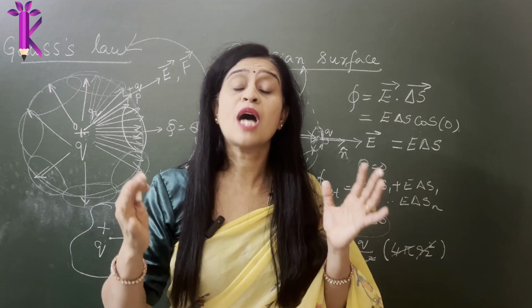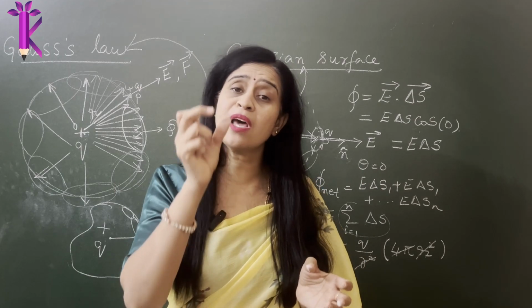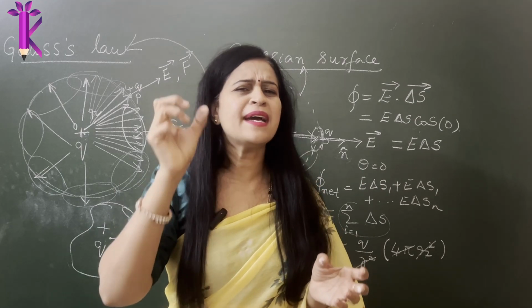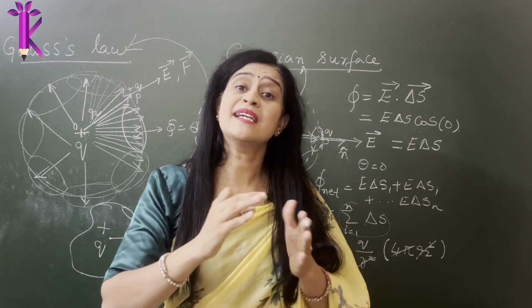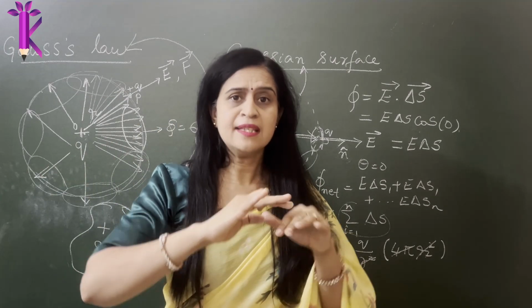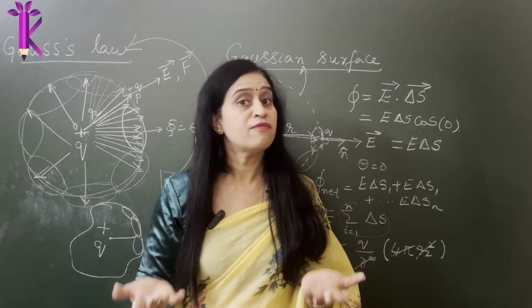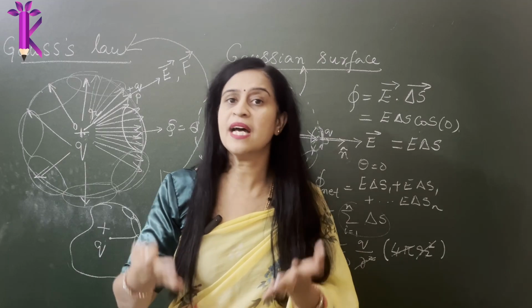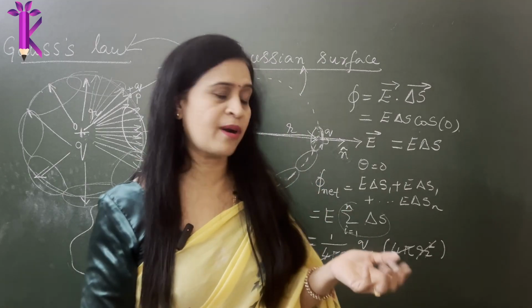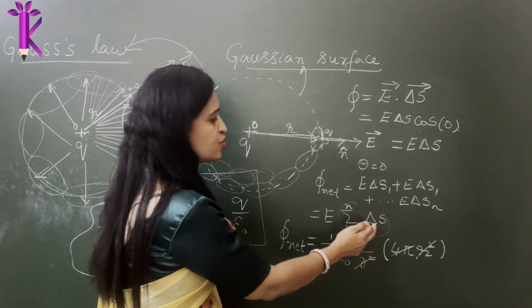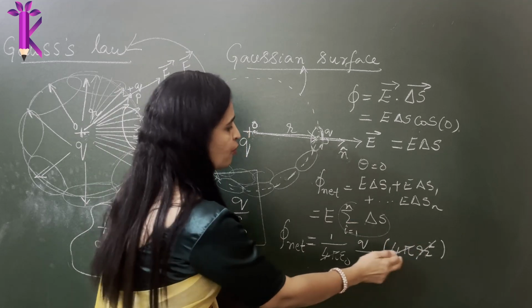You have to sum up thousands of surface areas, because you are dividing them into very, very tiny pieces and summing them up. If you have a symmetrical shape, you already have a formula known, you have learnt it, there is proof that this is the surface area. It is easy for calculation. So therefore, we assume it to be a sphere and we write it as 4 pi r square.